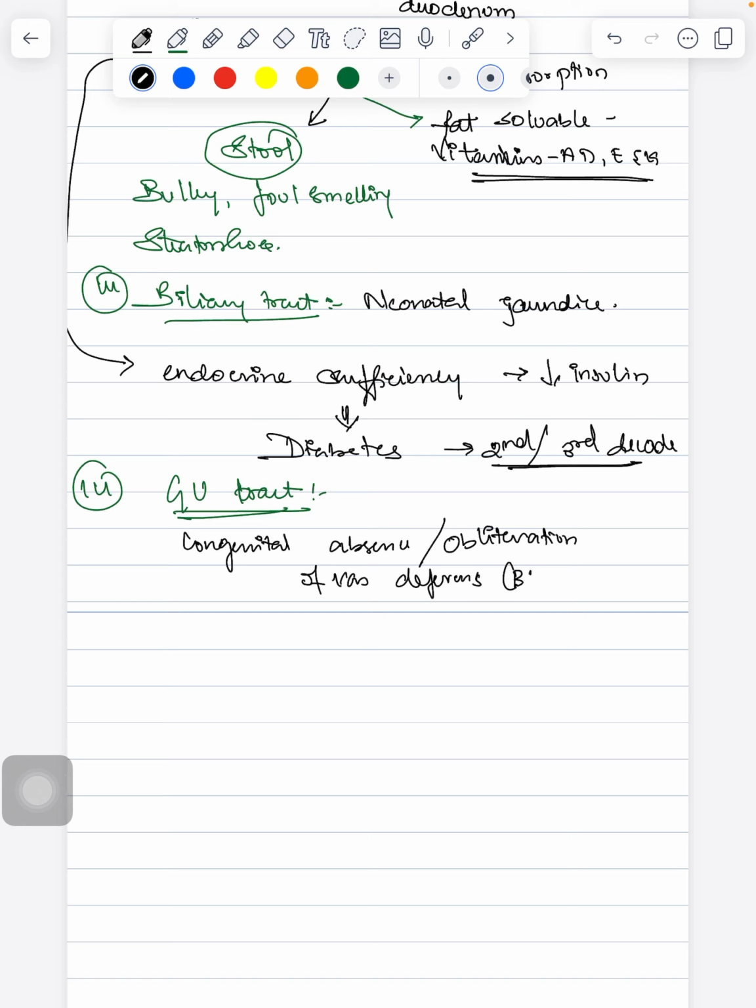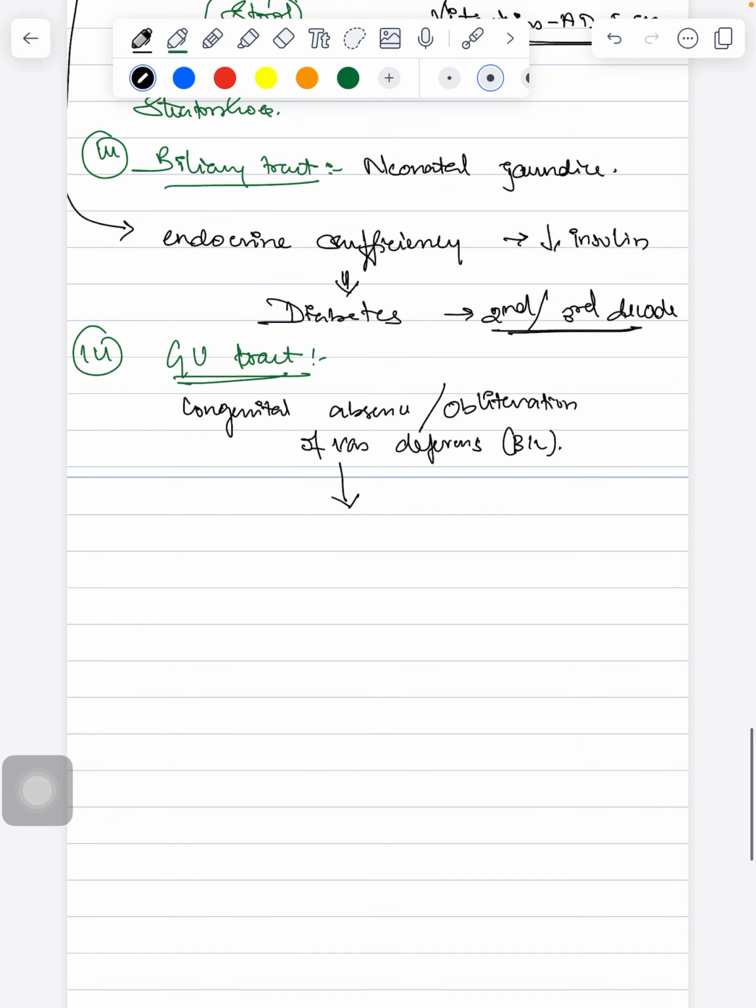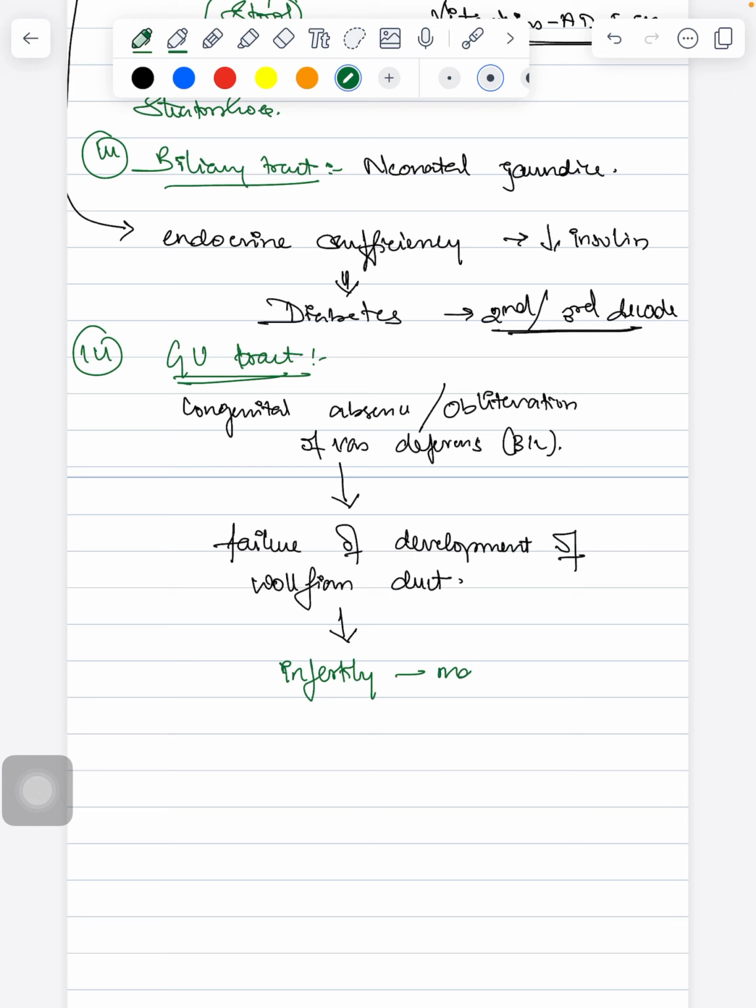So that will lead to failure of development of Wolffian duct. So that is leading to infertility in male, and in female they can present with reduced fertility. So these are the genitourinary findings.